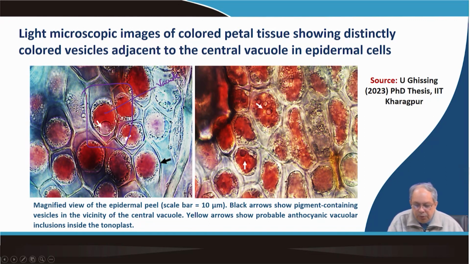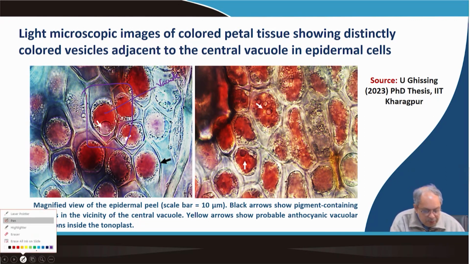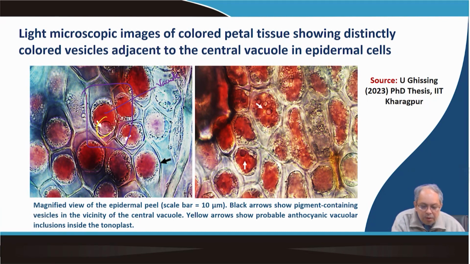Here you see another structure, which is basically anthocyanic vacuolar inclusions inside the tonoplast. So these are the vacuolar inclusions, and that is inside the tonoplast, like this one.